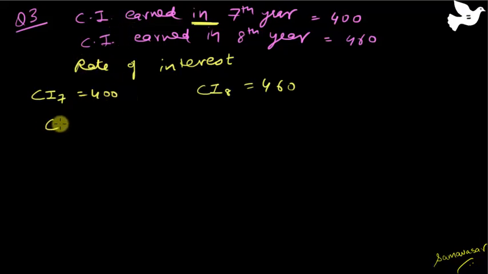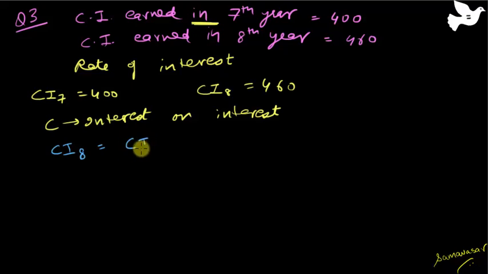That is because when I do the compounding, I get interest on interest, which means that compound interest in the 8th year is compound interest in the 7th year plus interest earned on the compound interest of the 7th year. I explained this in the concept video also.